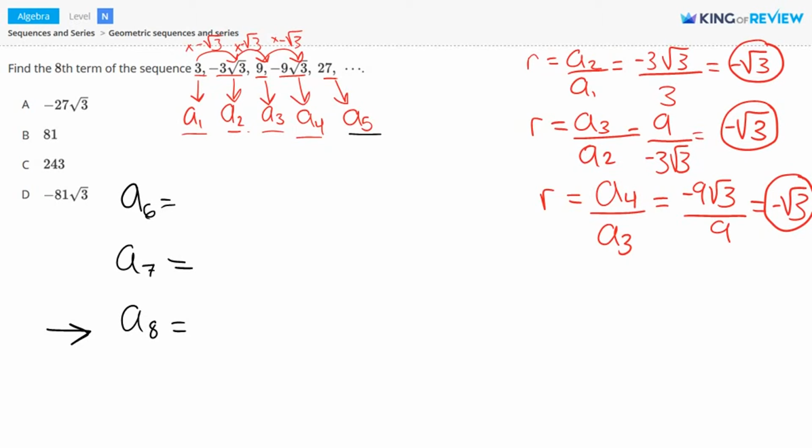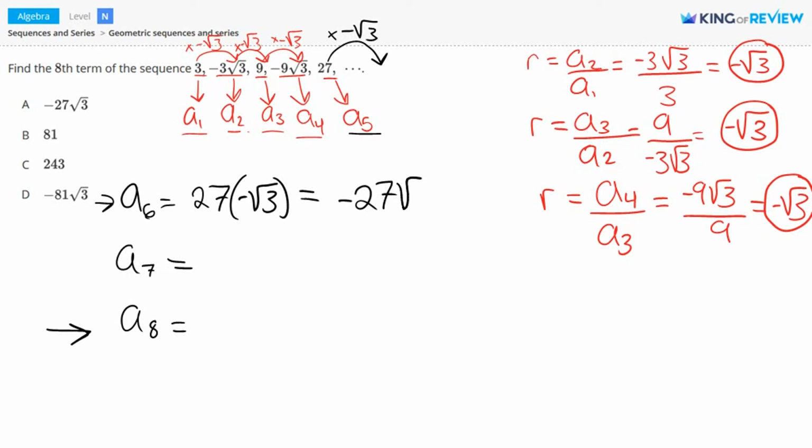To get from 27 to A6, which is this term here, we're going to multiply by a negative square root 3. So we have 27 times a negative square root 3. This equals negative 27 square root 3.